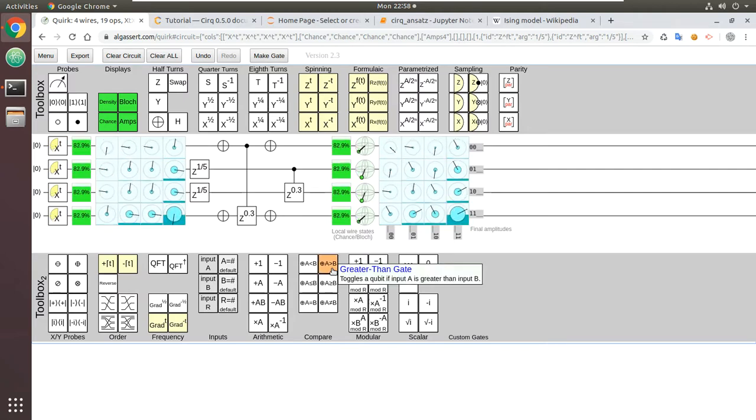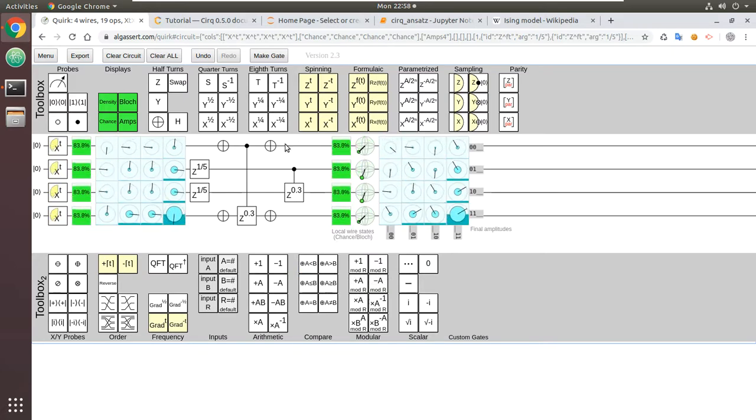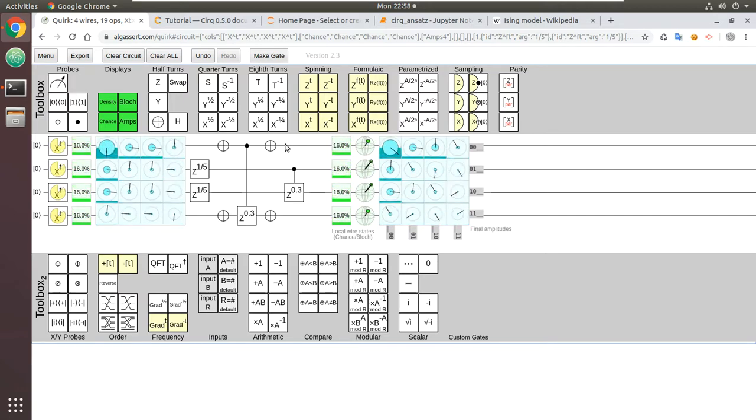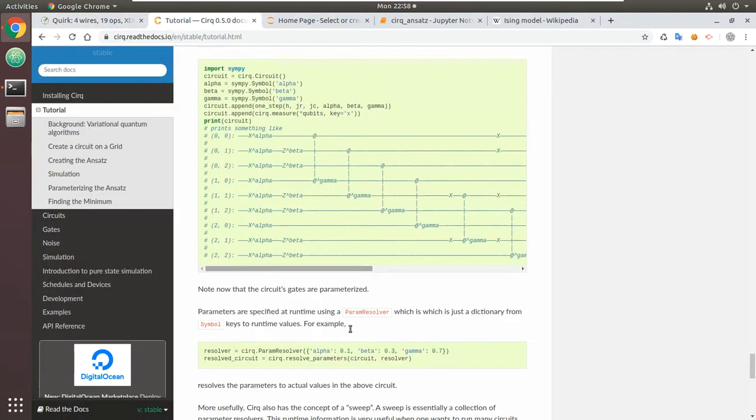Okay, but now I'm lost. Now I'm pretty lost. How is this then supposed to work?